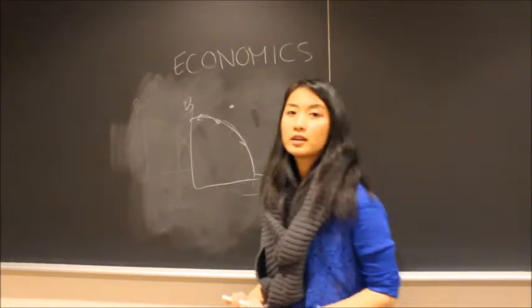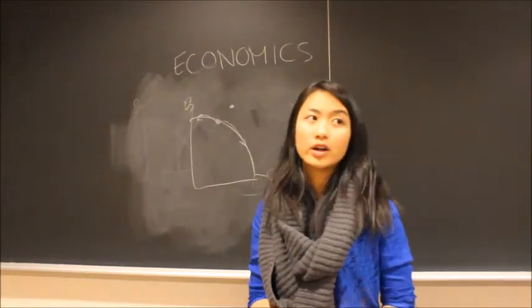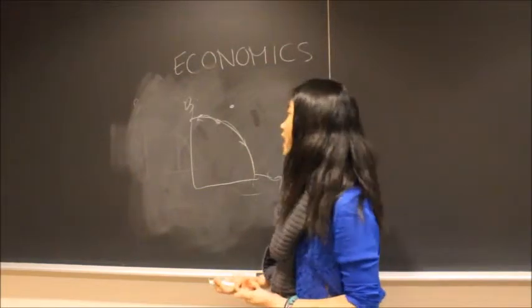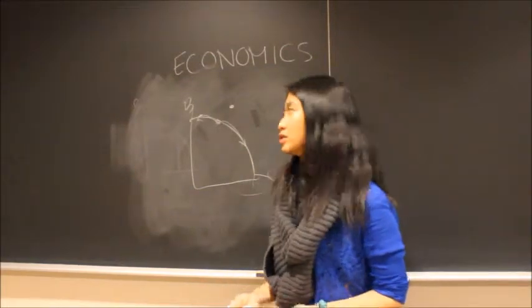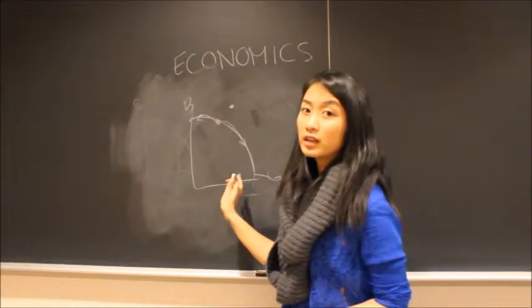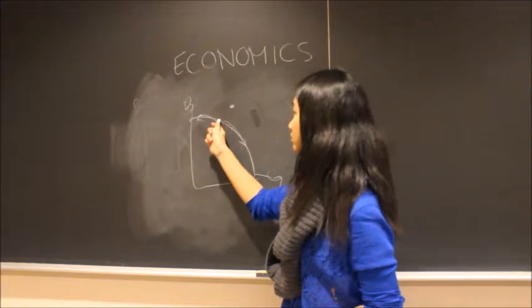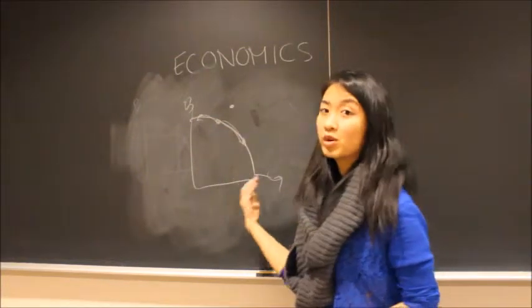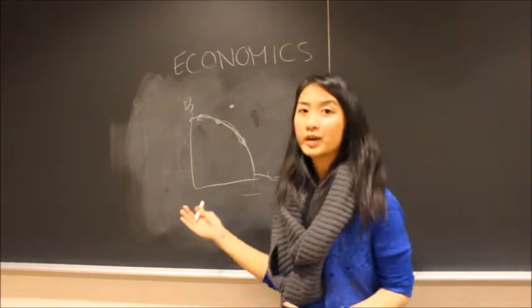There are 2 things that Hossein actually talks about a lot in class: endogenous variables and exogenous variables. Endogenous variables mean there are movements on the curve. Say from here to here or here to here, that means you're allocating more towards guns or more towards butter.